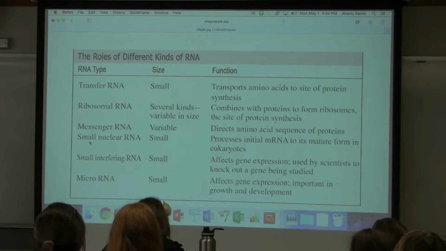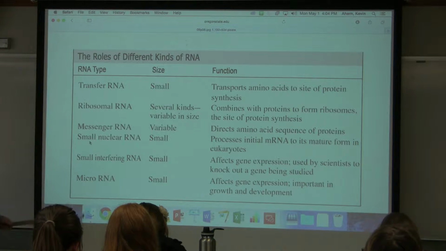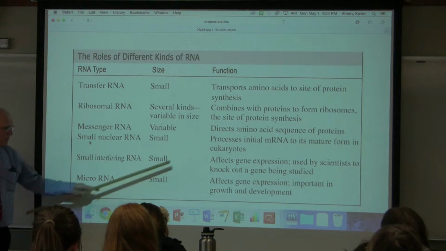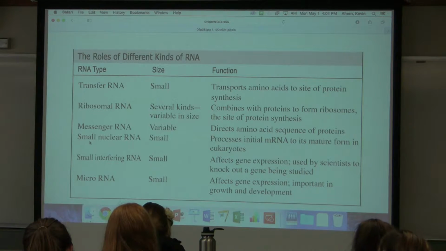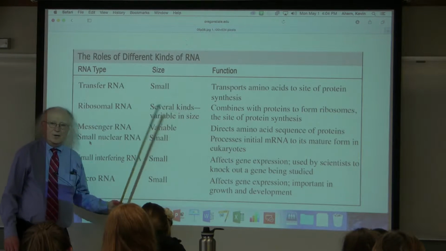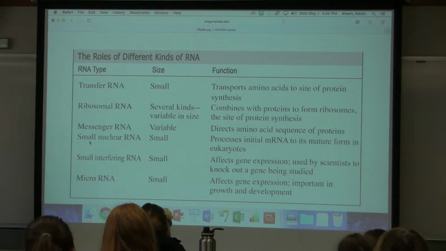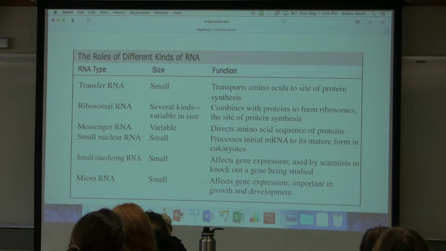And these small interfering RNAs, also called siRNAs, or the microRNAs, both have effects on gene expression in slightly different ways. And these effects that they have can be to actually stop a protein from being made once the process has started. And as I said, I'll talk more about those a little bit later.